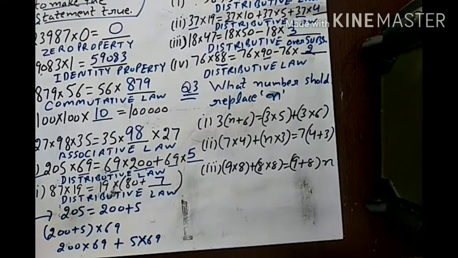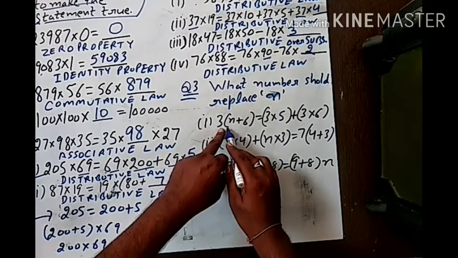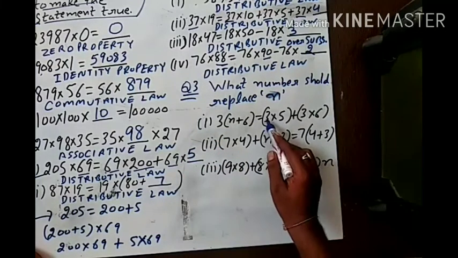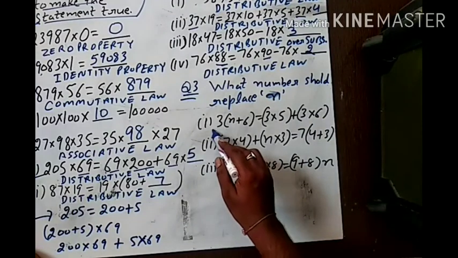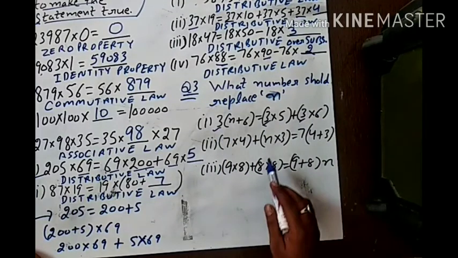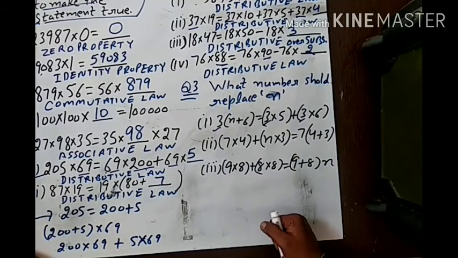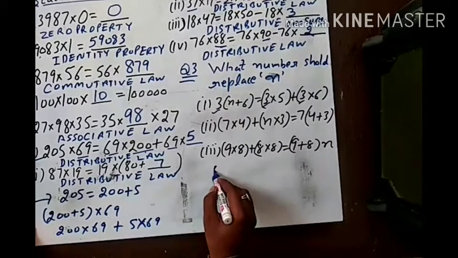Now we will see question number 3. What number should replace n? Question number 3, first part. 3 multiply n plus 6 and here 3 multiply 5 and 3 multiply 6. You will see 3 is common, and 5 plus 6, that may be 11.